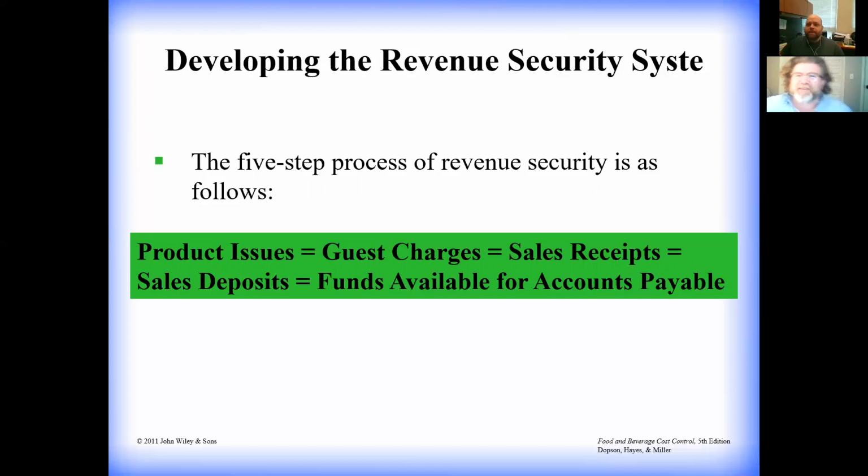If you have a debit in your product issue, you're going to have a credit in your check guest charges, and then you're going to have a debit there, and you're going to have a credit in the sales, and it's just going to go on, but it's going to be even on both sides of the ledger. And that's what's most important. When you get your ledger and it prints off and says the two balances and one's just a little bit lower, it makes it easier for you to go find where your discrepancy is.